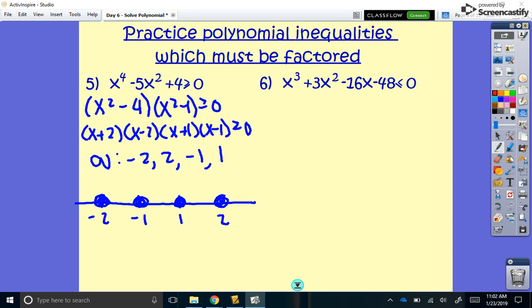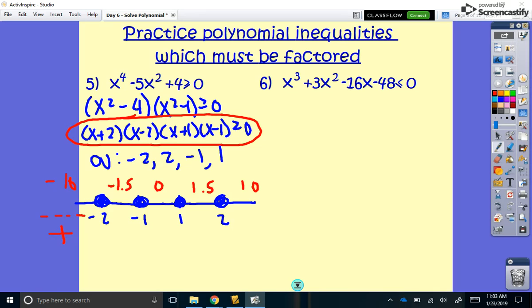So I'm going to pick negative 10, negative 1.5, 0, 1.5, and 10. And you're plugging it back into this. So you're going to have 4 little signs. So for the negative 10, I have negative, negative, negative, negative. If I multiply 4 negatives together, I get a positive.